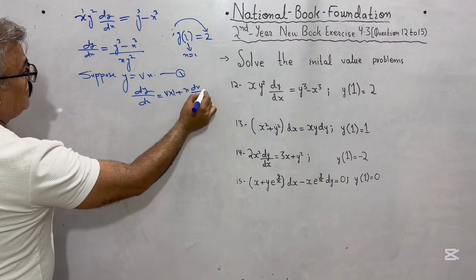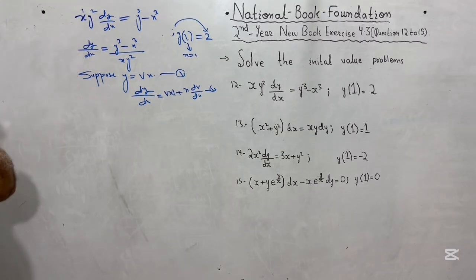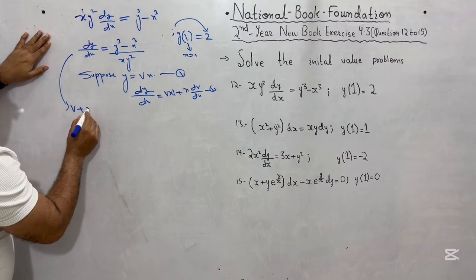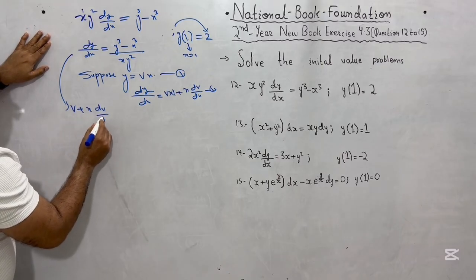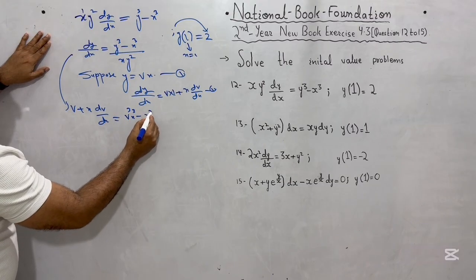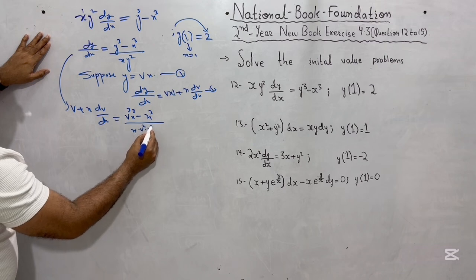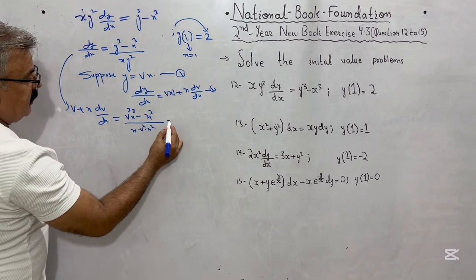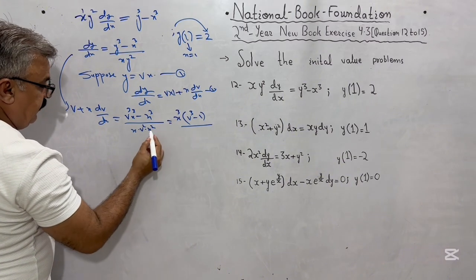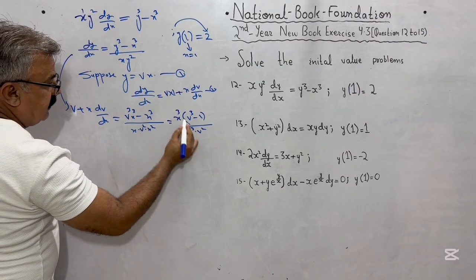Put both these values in the equation, it turns this equation into a separable differential equation. dy upon dx means V plus x dv over dx. y cube means V cube x cube minus x cube. x times y square means V square x square. Taking x cube common from the numerator, we have V cube minus 1 divided by x cube times V square.